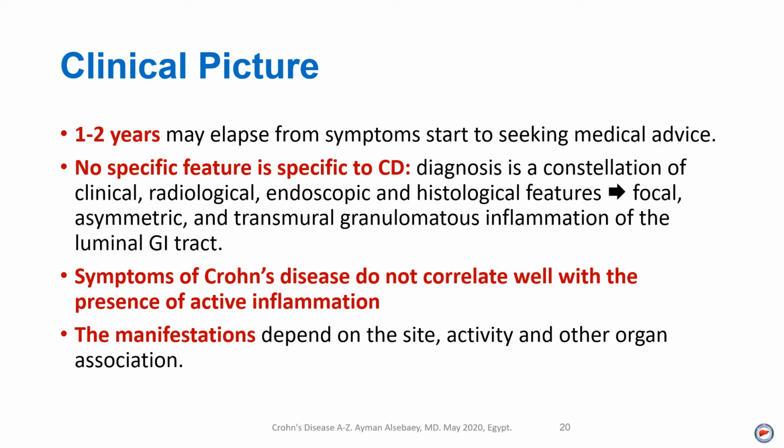We should depend on other items for finding remission, like endoscopy and biomarkers like calprotectin and so on. Okay? The manifestations of Crohn's disease will differ according to which location is affected.